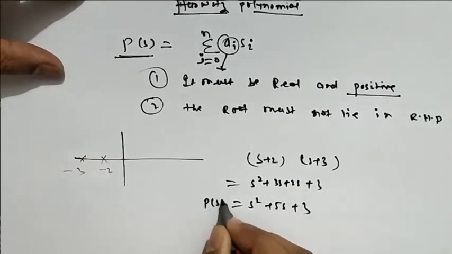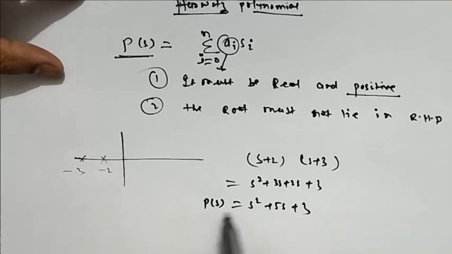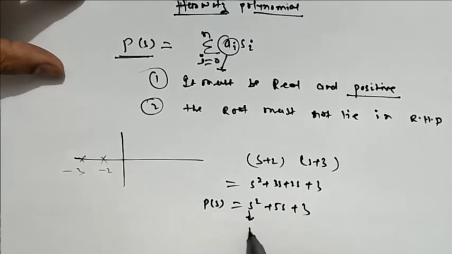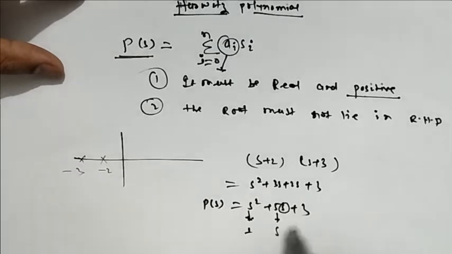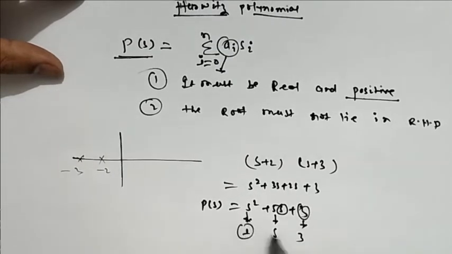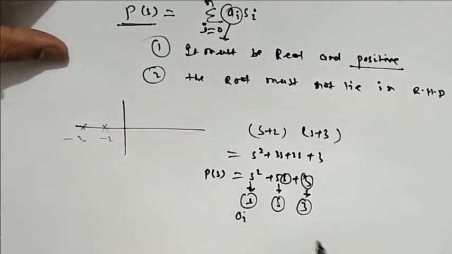Now this is your equation. The coefficient of S square is 1, the coefficient of S is 5, and the coefficient of the zeroth term is 6. These all are positive. These are called a_i.